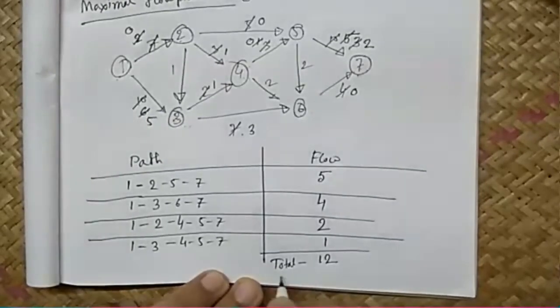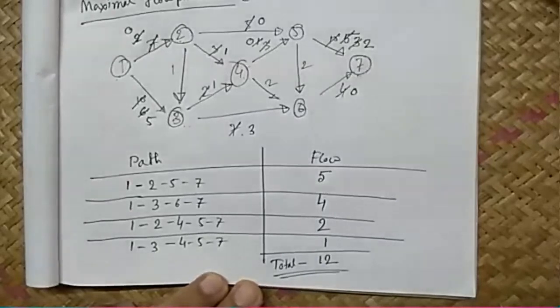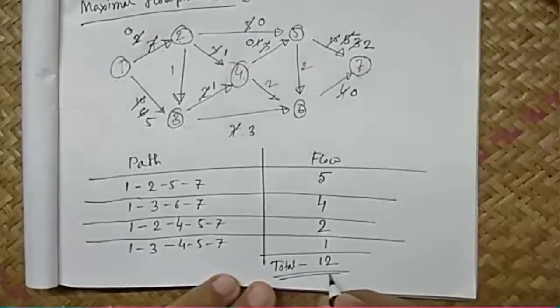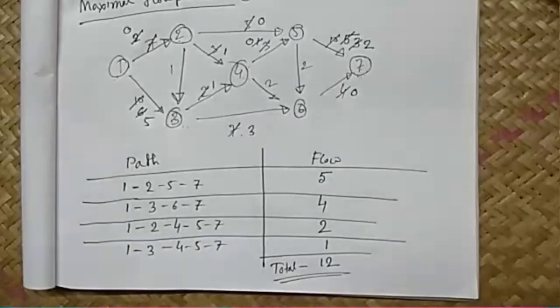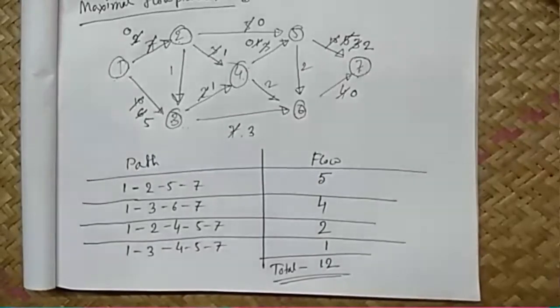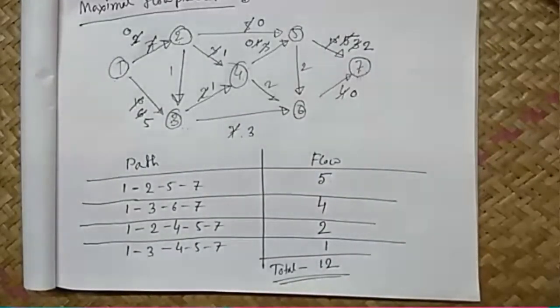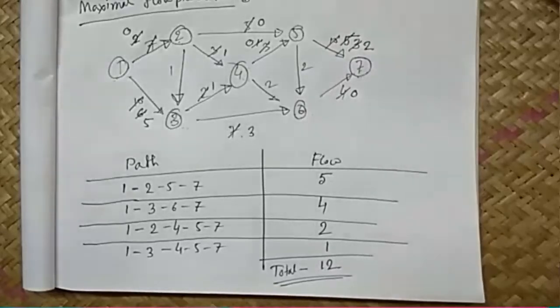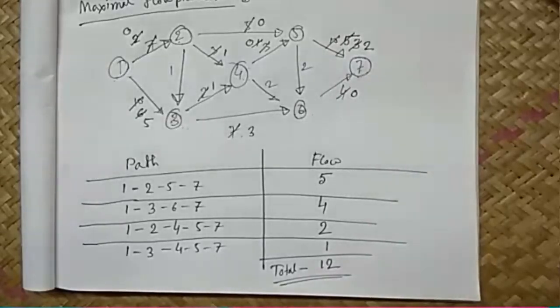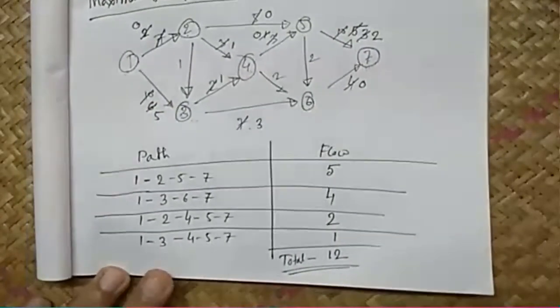So the total flow through this network is 12. So the maximum flow that is possible is 12. Okay, are the steps clear, how to solve them?